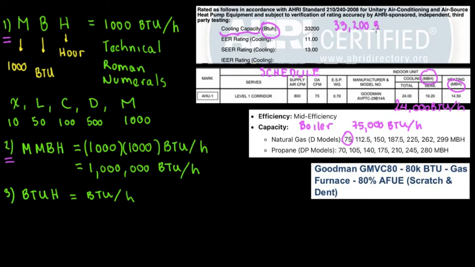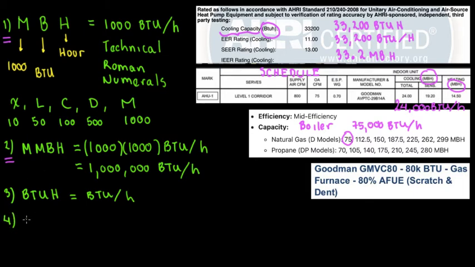This could be all capital, it could be small, and this doesn't mean BTUs times hour. It's just the way they express it. This is actually BTUs divided by hour. Also you can express this as BTUs divided by 1000, which would be 33.2 MBH.